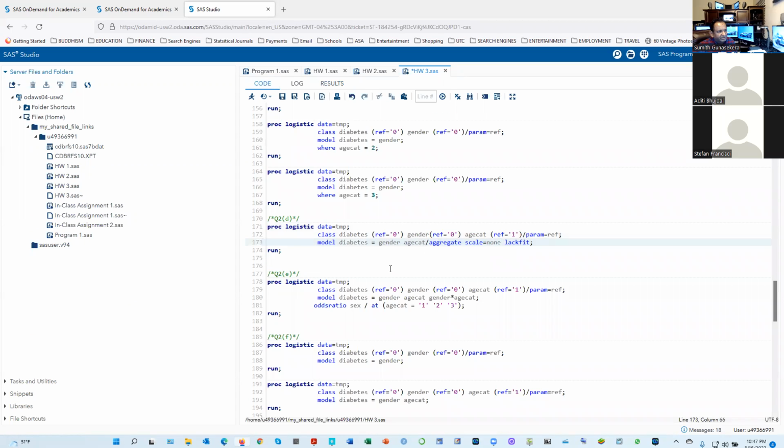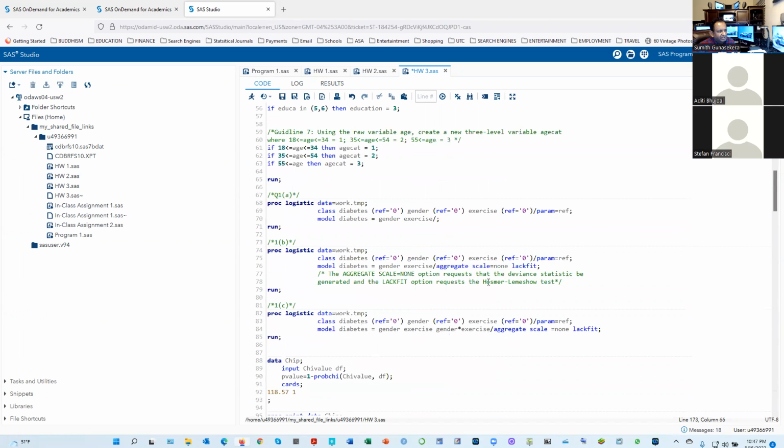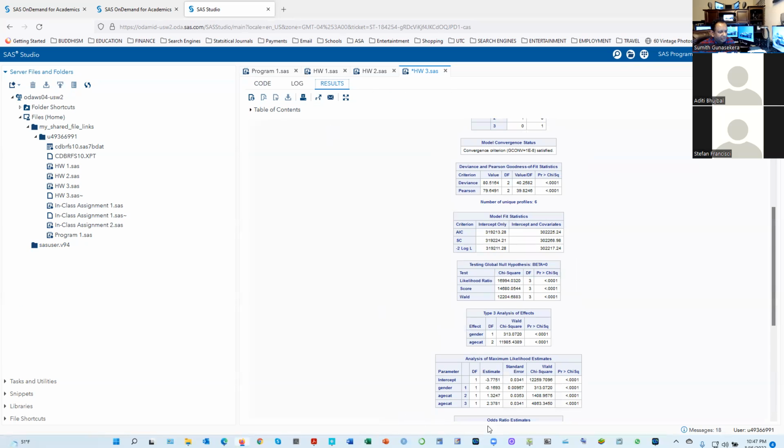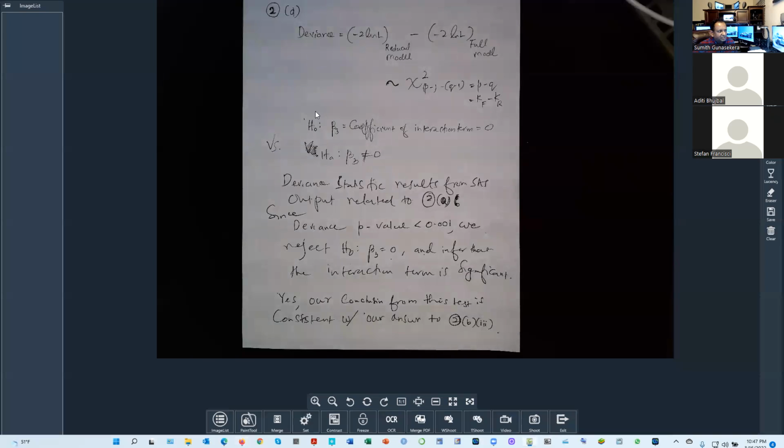Okay, deviance. We mentioned that one here. The lack of fit option, we're going to go to that Hosmer-Lemeshow test. So the p-value is 0. Because of that, you reject H0. H0 means the interaction term is 0, and it will be rejected. That means you infer that the interaction term is significant. So yes, our conclusion from this test is consistent with our results from 2B3.